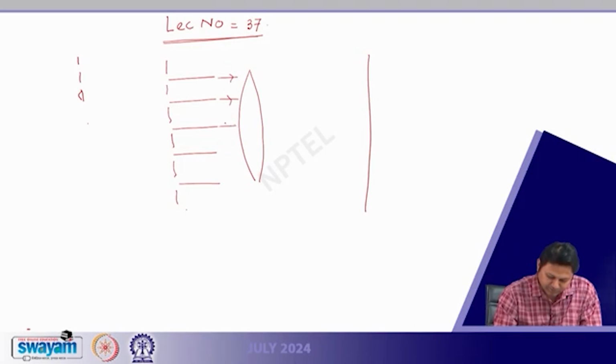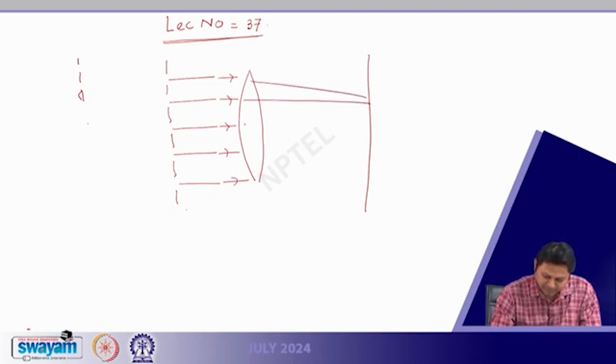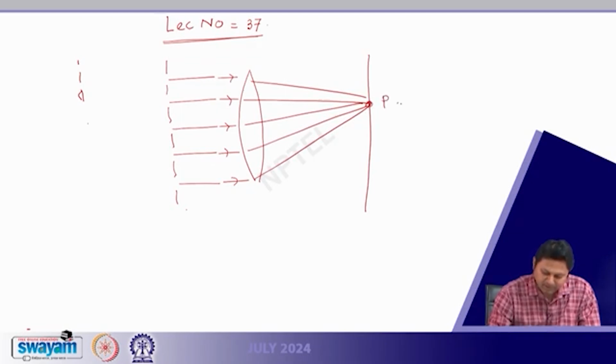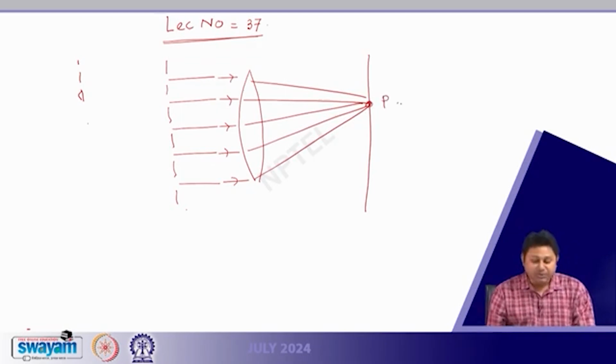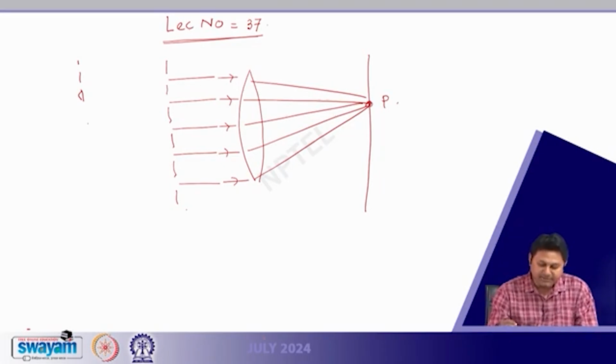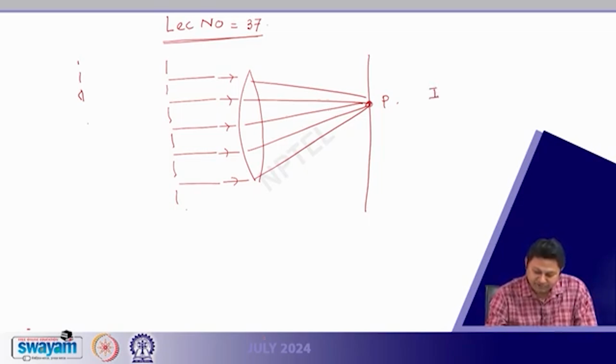I am just showing you a crude setup, and it will focus at some point, and this is the point P where you are supposed to get the pattern. We want to calculate the intensity distribution, that is I as a function of theta.